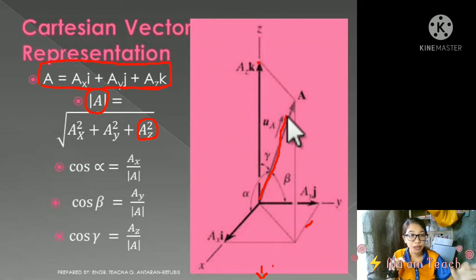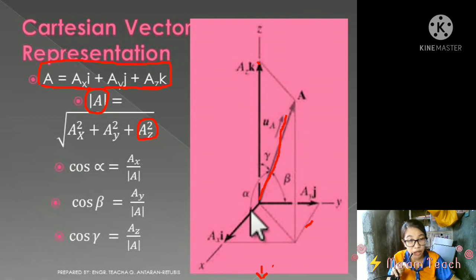It could be that you describe your vector A with respect to x, with respect to y, or with respect to z. Now, if you want to describe your vector A with respect to the x-axis, you will use the angle alpha. As you can see here, class, alpha is the direction of your vector A from your x-axis.